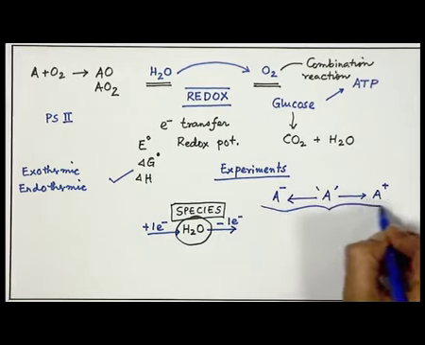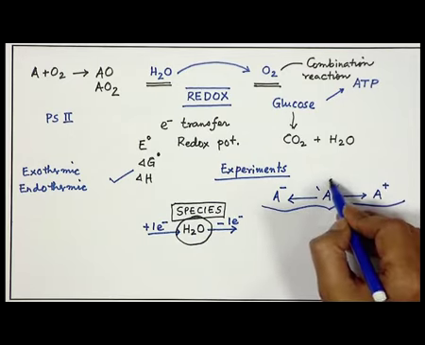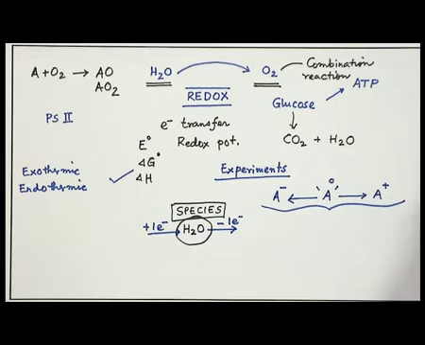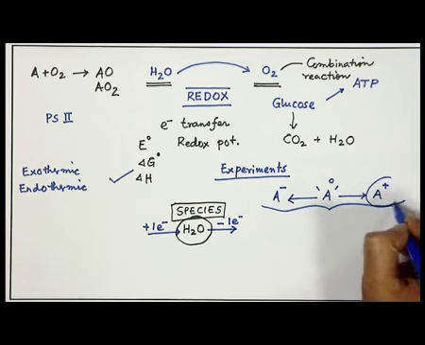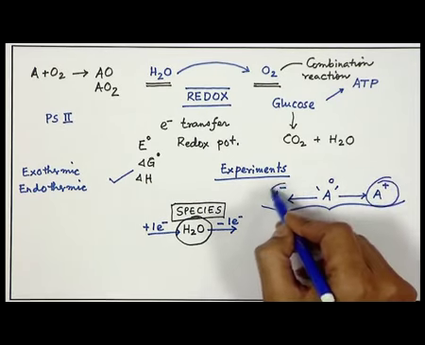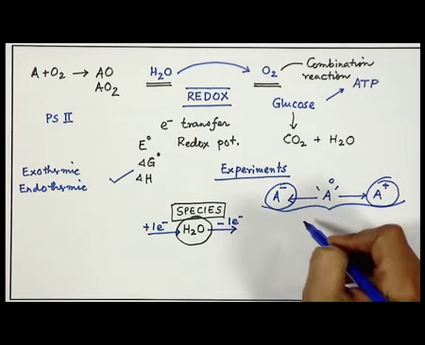Basically, the availability of these species, the A which is in the 0 state or in the native or elemental state, or its corresponding cationic version or its corresponding anionic version. So, that is very important.